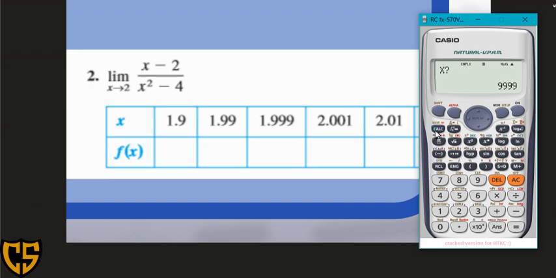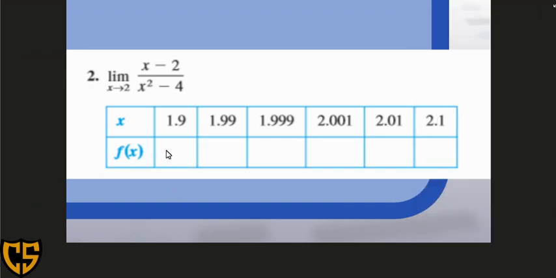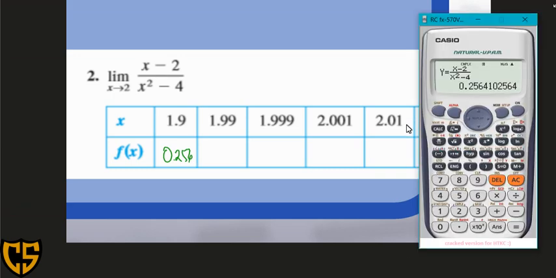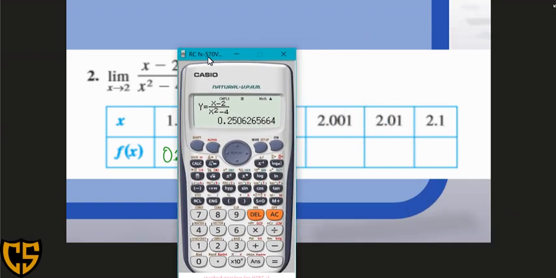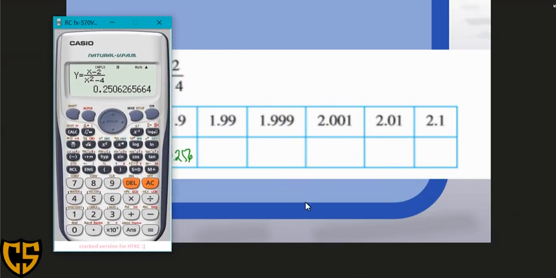So we have calc, then substitute the value 1.9. This is equal to 0.256. Next, we are going to calculate and add the value 1.99. Our answer will be 0.251.